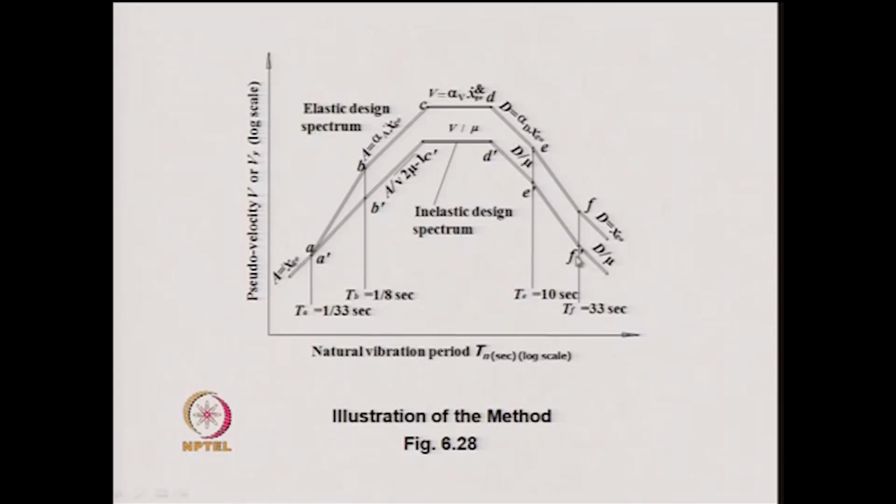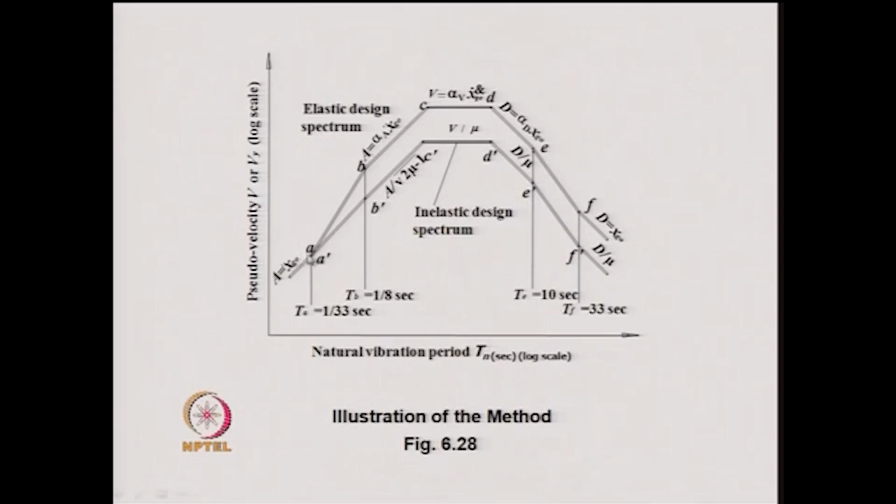That is how we get a point over here on this particular time period line. Then by joining these two lines, we get the inelastic response curve line between E dashed and F dashed.